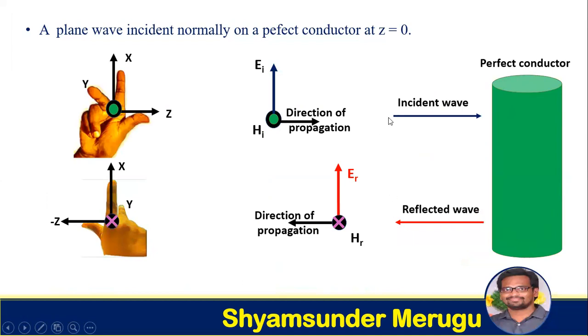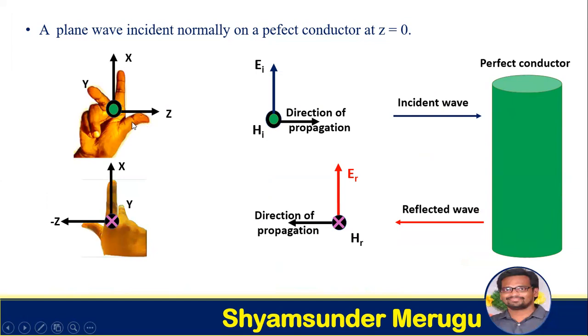In order to understand the incident and reflected electric and magnetic field components here, let us consider the right hand thumb rule. Here, the thumb indicates the z-axis, forefinger indicates the x-axis, middle finger indicates the y-axis.